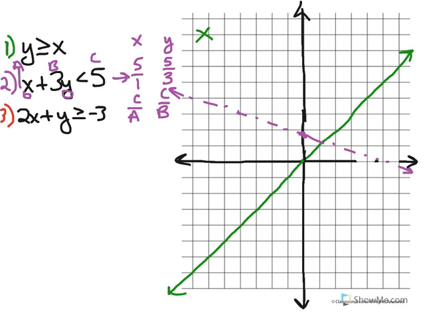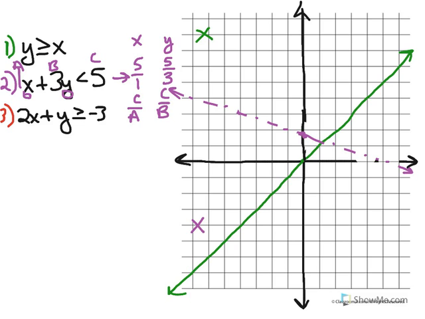Is 0 less than 5? Yes, it is. So the origin does work. Again, I don't want to clutter this graph up, but I do want to give a clear indication of where the purple region is, and it's on this side.